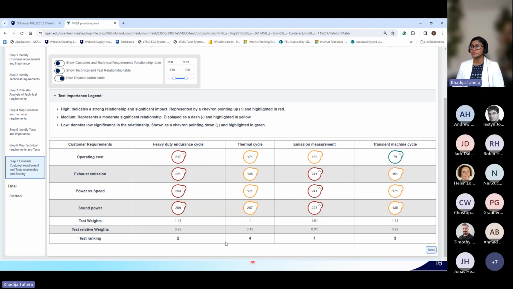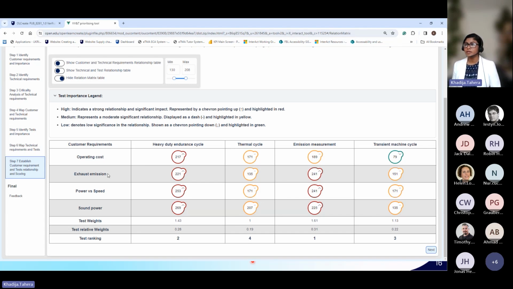One thing is also very important. Although in this example the data did not show it, there could be a test that is not meeting any of the customer requirements. So look at it this way: I have these customer requirements, I'm selling my product, and I'm saying that exhaust emission will meet your requirement.